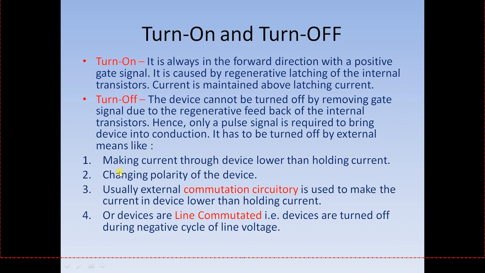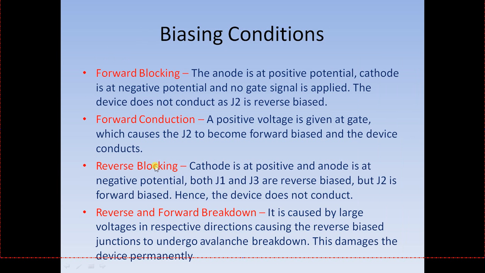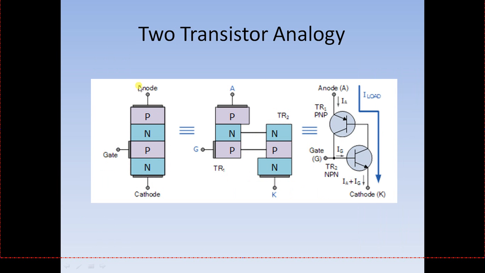Secondly, we can turn off the device by changing the polarity of the device. That is, by reverse blocking it. We can put positive charge on the cathode and negative charge on the anode, and this would effectively reduce the current through the device below the holding level, and hence the thyristor would be turned off.